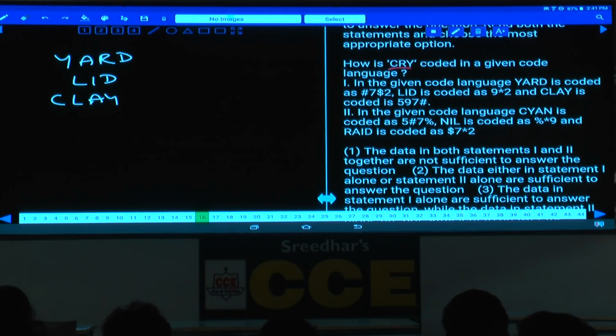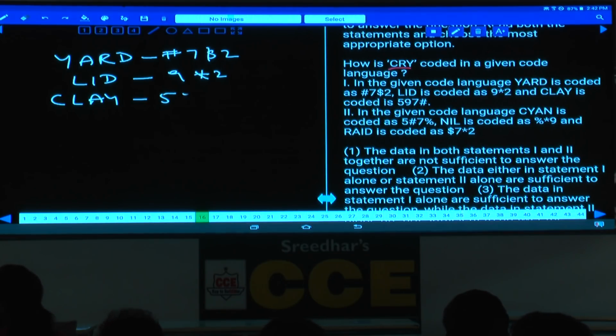Then check out whether the last code is the same or not. The last code is the same, and then what are the codes here? Yard is hash, 7, dollar and 2. Next one, lead is 9 star 2. And next one, clay. What is the code for this clay? 5 9 7 hash. First let us check whether the letters and the codes are directly given or not.